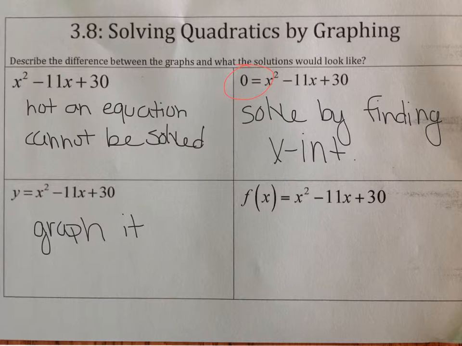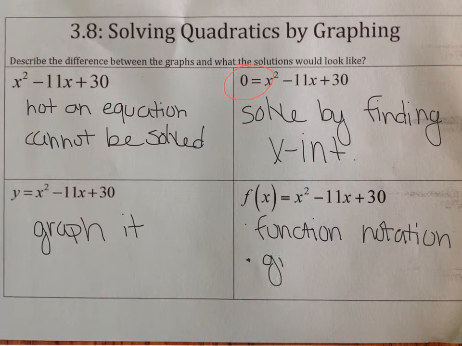The other option you're going to have for formatting is f of x is equal to x squared minus 11x plus 30. This is referred to as function notation. So when you're given function notation, you're typically given an x and asked to find y.